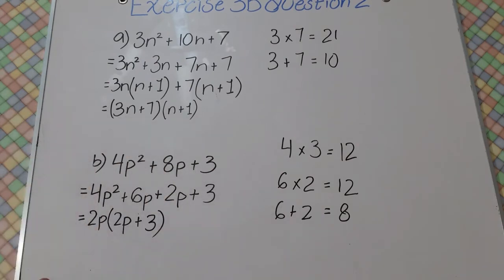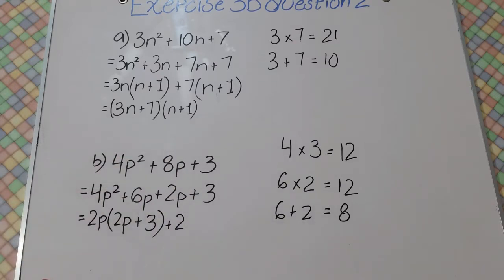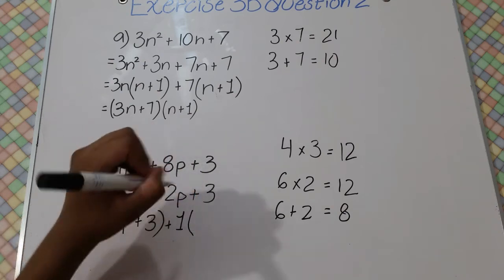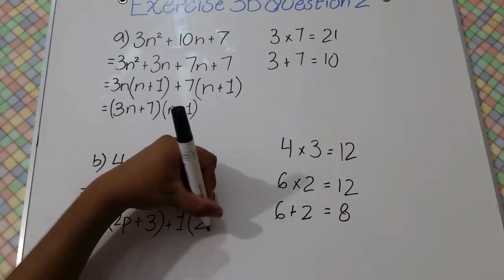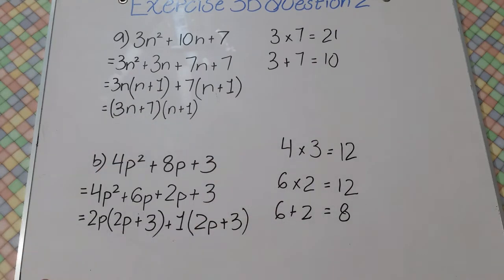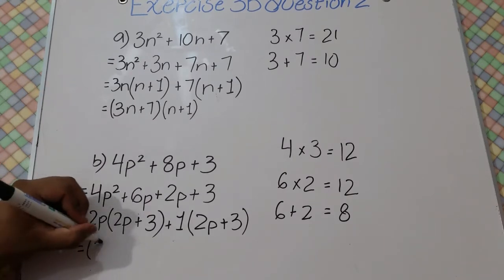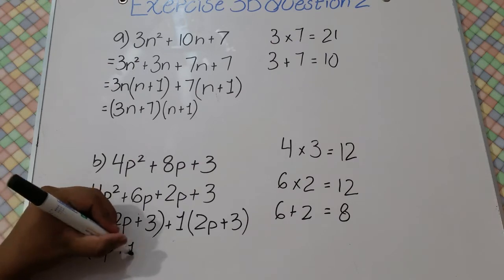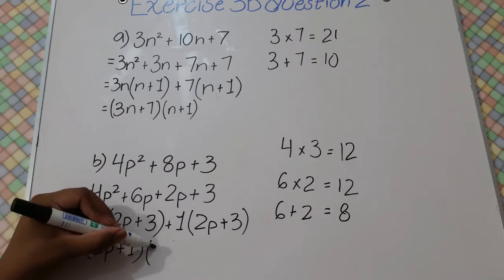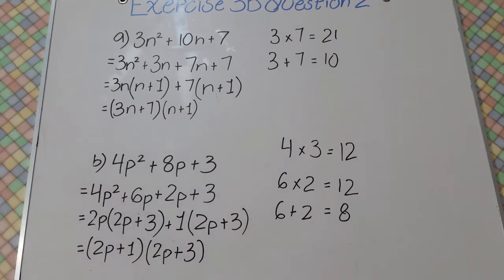Now over here again common, it would be 1, because 1 multiplied with 2p is 2p, and 1 multiplied with 3 is 3. So now I'm going to write 2p plus 1, and then 2p plus 3. So part A and B are solved.